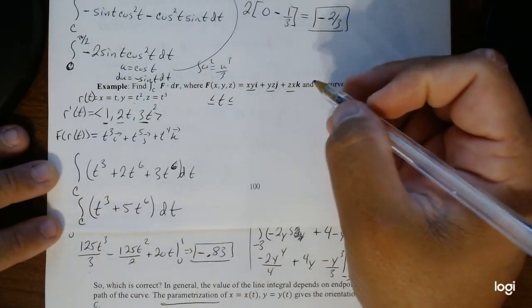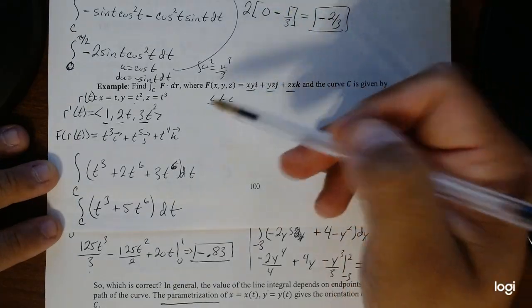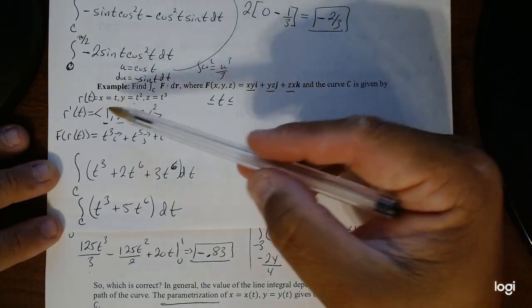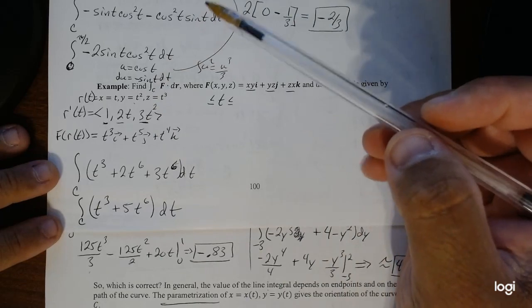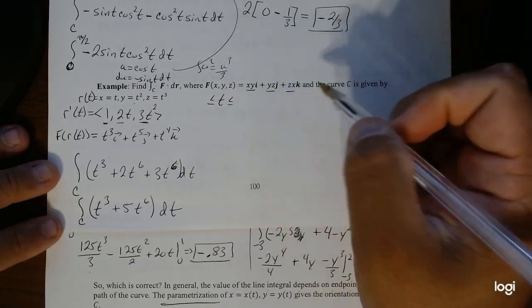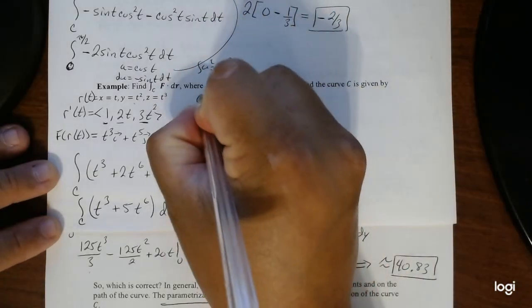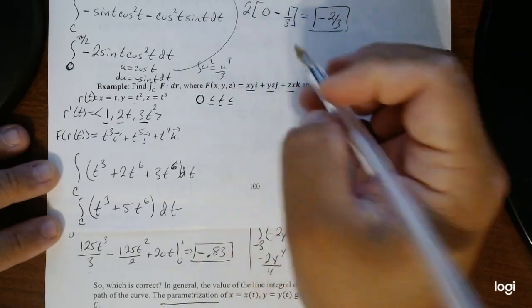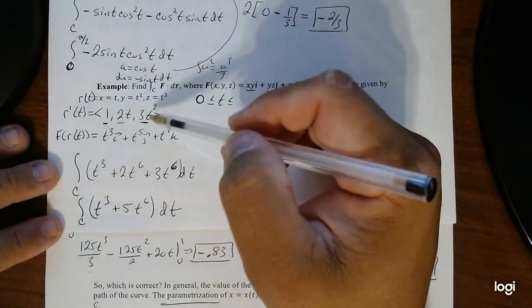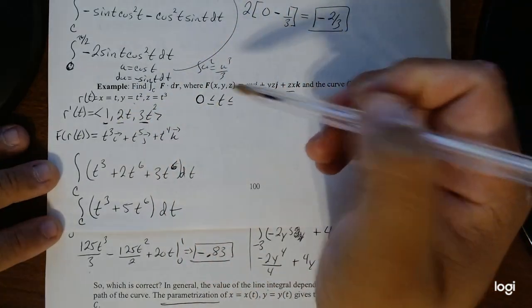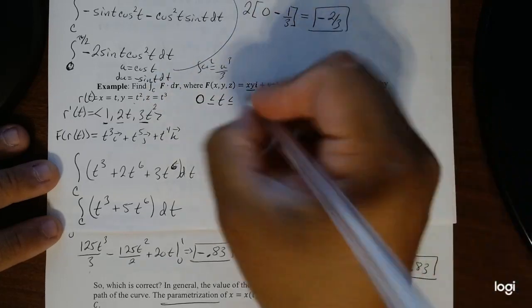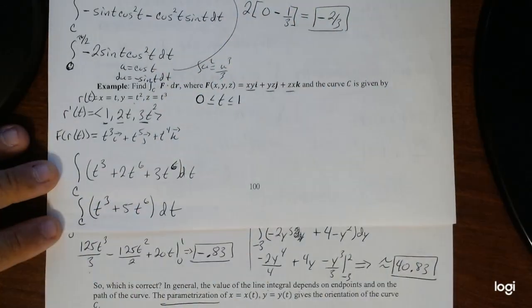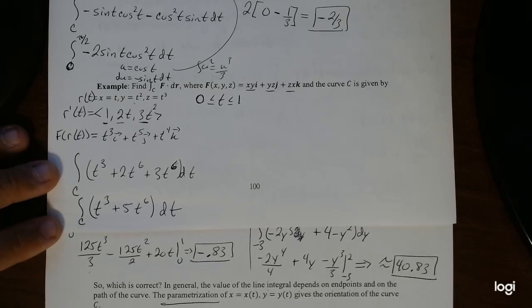Okay, so if I plug in 0, I get 1, 0, 0, which is the same process we have above. So therefore, t has to go from 0. And if I plug in 1, I get 1, 2, 3, which is the same process we would have in that portion. So that goes to 1 itself. So t goes from 0 to 1.